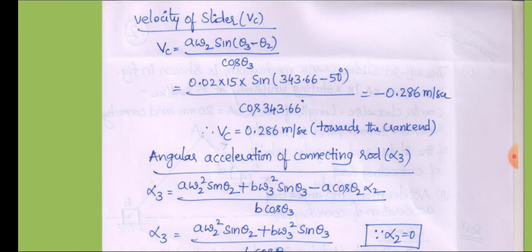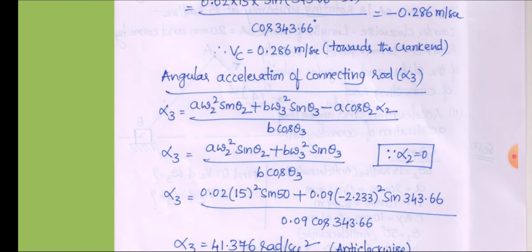Next, go for the acceleration. First, the angular acceleration of the connecting rod, that is alpha 3. Once again from the formula you write it. In the alpha 3 formula you can remember, there is a term which contains alpha 2 in the numerator. Here alpha 2 is equal to 0, therefore the total minus a cos theta 2 alpha 2 becomes 0.